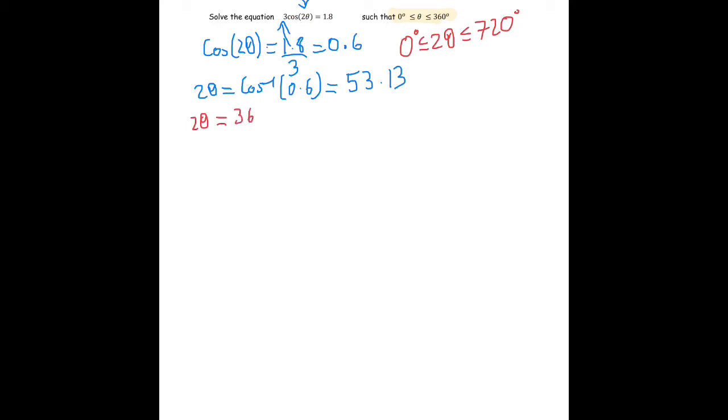Remember cos is 360. You can subtract and add. Keep going up in 360s. Subtract and add your original. So when you subtract, you get 306.87 degrees. 360 add is also an alternative angle.